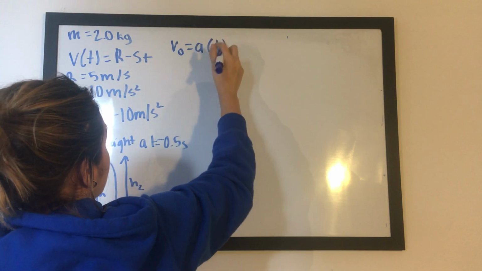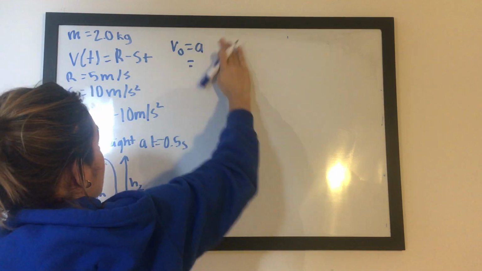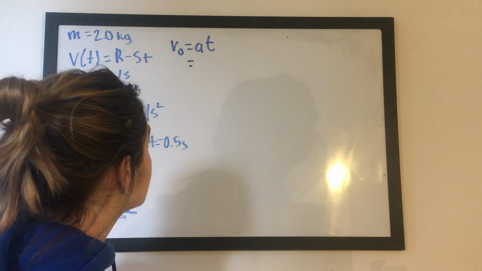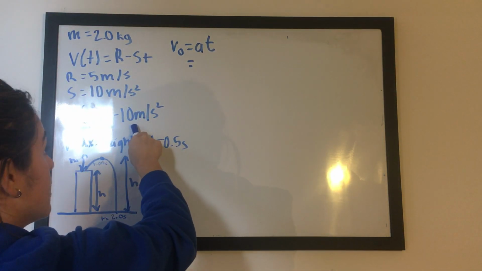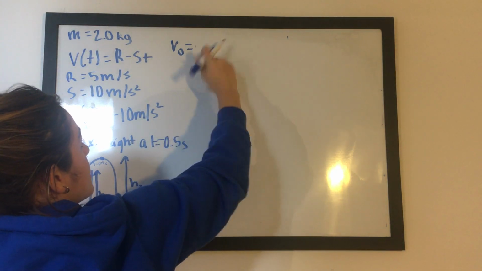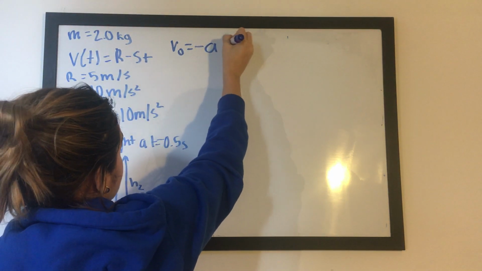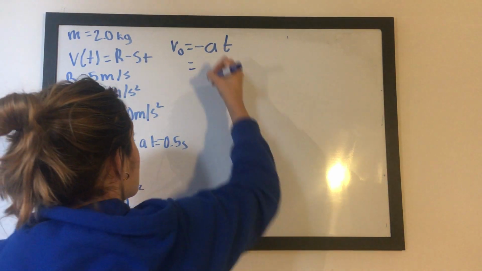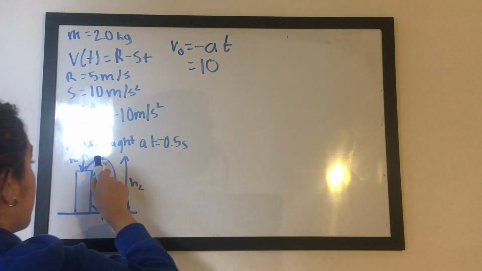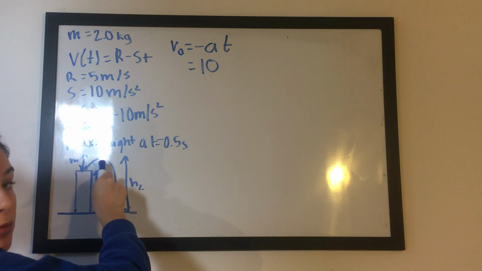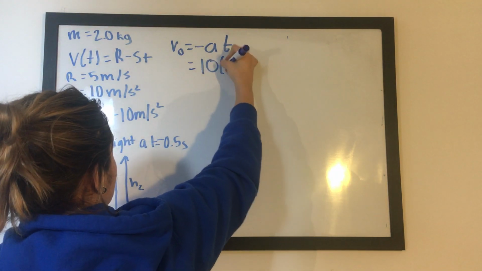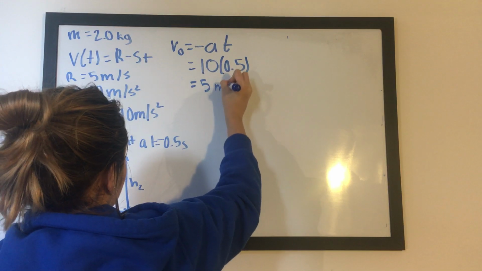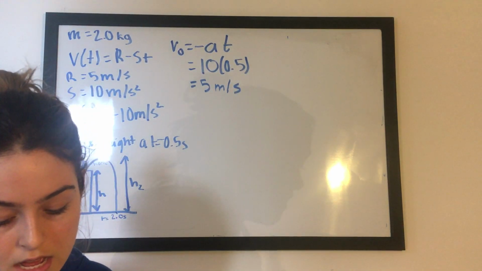Velocity initial is equal to negative acceleration times time, which is equal to negative negative 10. Two negatives cancel out to become positive. So 10 times the time, which is 0.5 seconds, 10 times 0.5, which is equal to 5 meters per second.